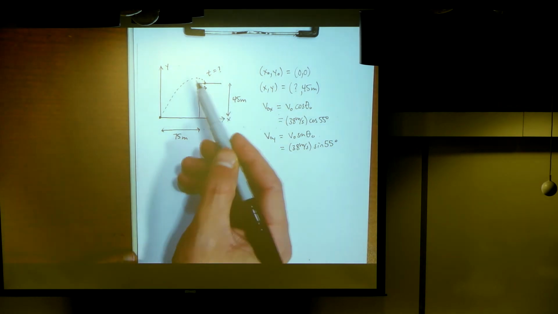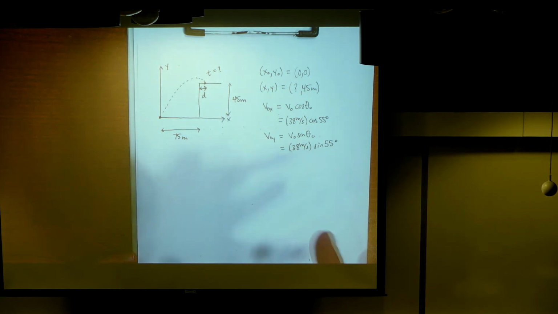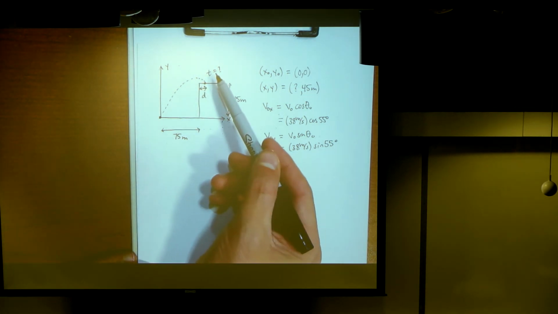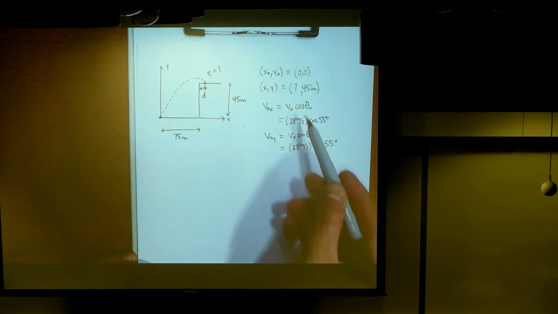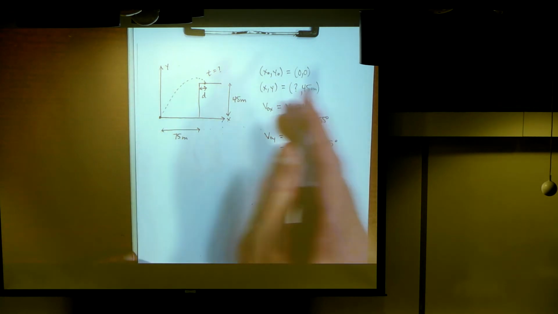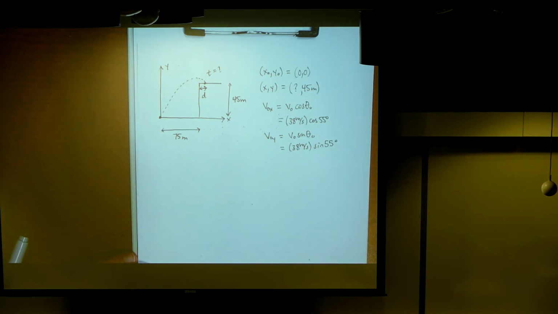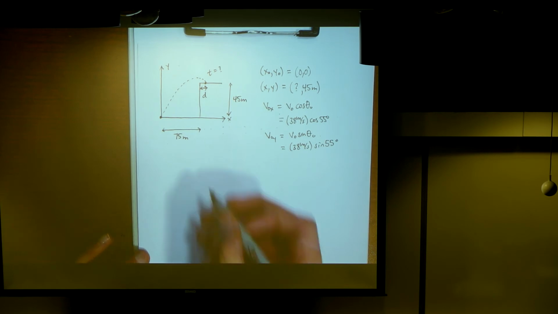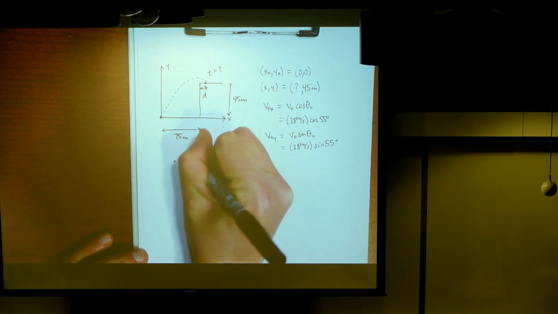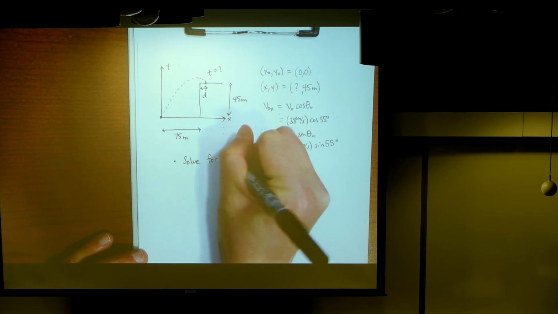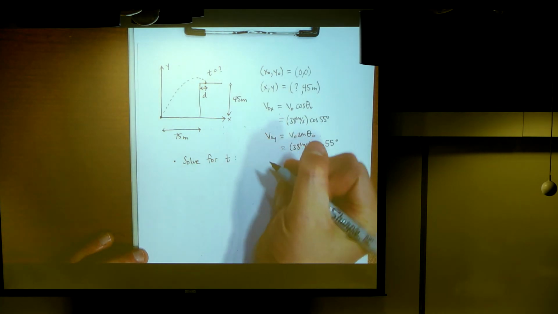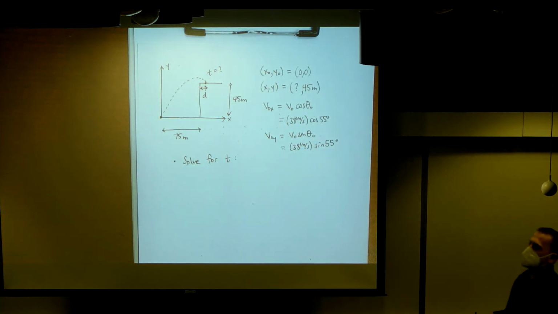Let's say we want to solve for the time first, just to give us a roadmap. Let's say I want to solve for t first, and then later I'll solve for x, how far we've traveled horizontally. So if I'm trying to solve for t, how should I do that? What equation is relevant?